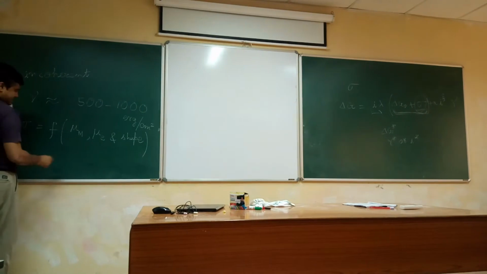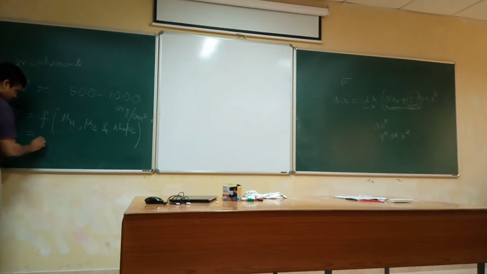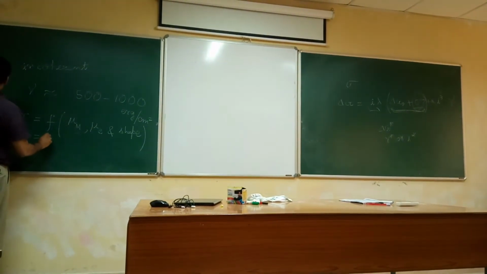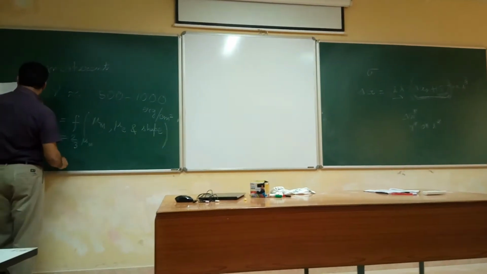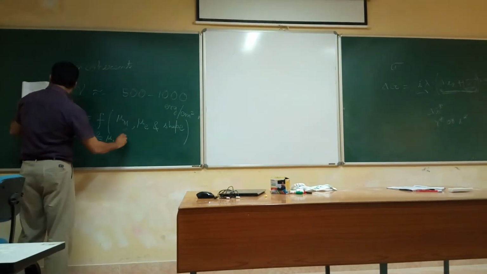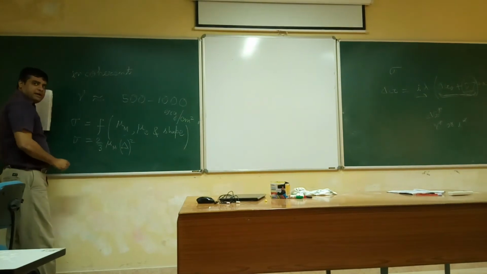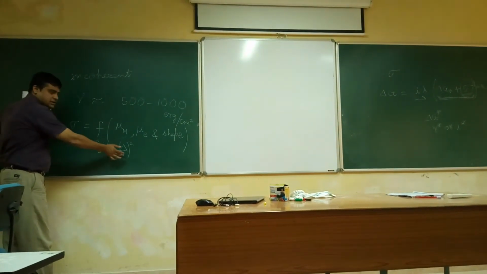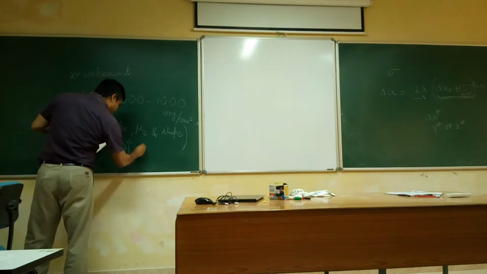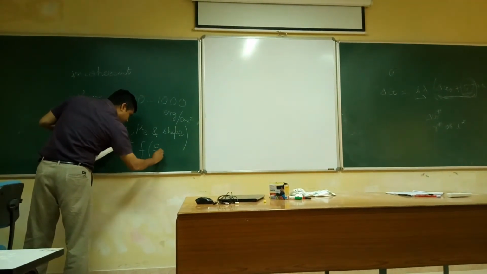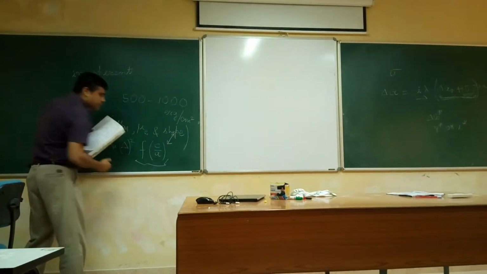If we assume that strain is predominantly in the matrix space, then only mu m will come into the picture, and the form of sigma m looks like this: 2/3 of mu of the matrix multiplied by the volume dilatation, that is volume of the precipitate divided by the volume of the matrix, the fractional change of volume, squared, multiplied by some term which is a function of C by A, that takes care of the shape. What is C by A?